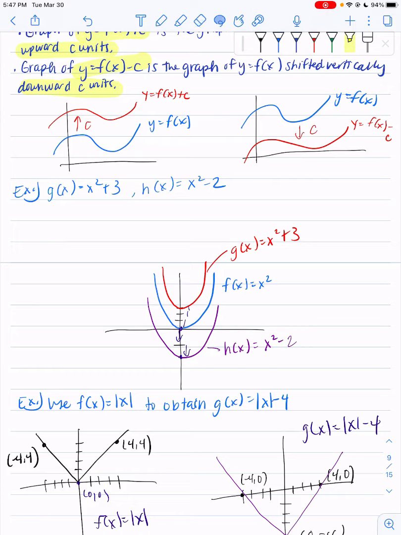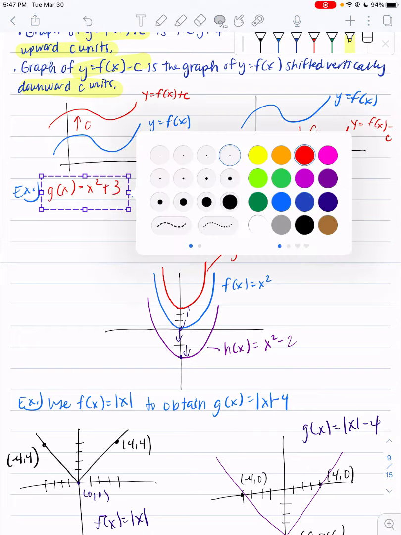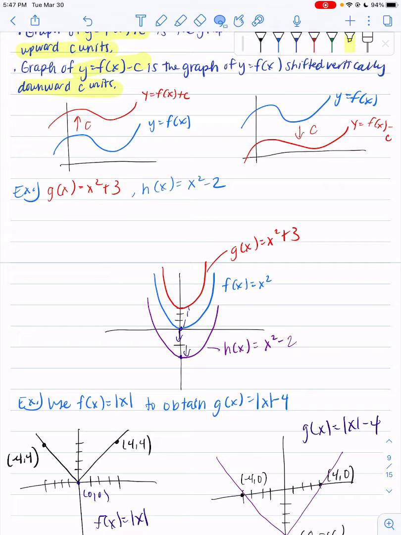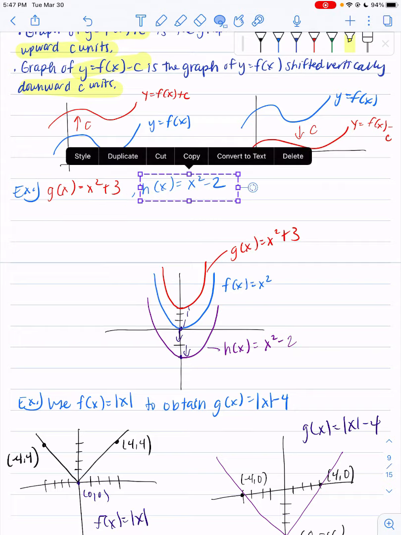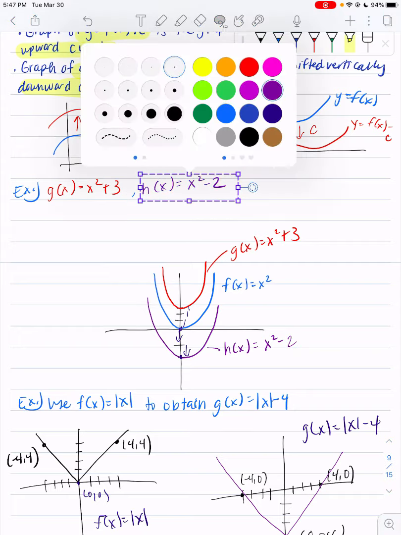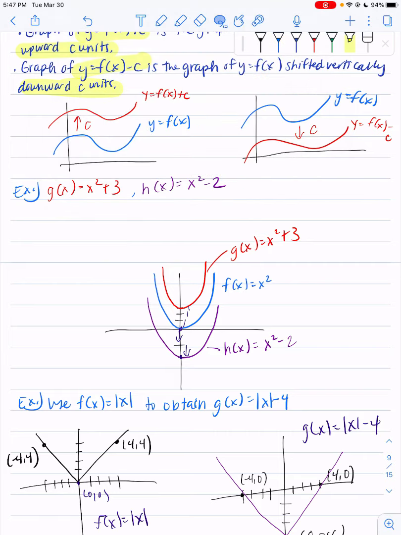Then I'll just change the color so it could match our graph. So this one's the red, and then this one's purple. Alright, cool. So we have g of x equals x squared plus 3 and h of x equals x squared minus 2.